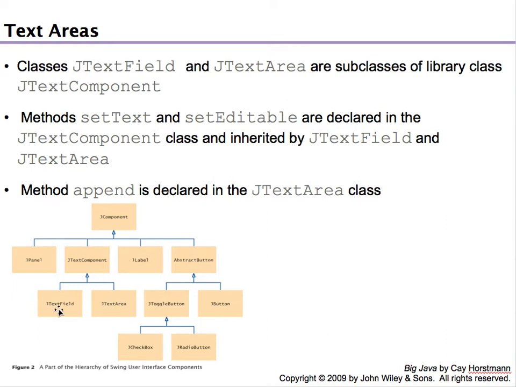The text area and the text field are both subclasses of the JTextComponent. So everything that the JTextComponent has, methods and properties, both of them have as well. The method append is declared only in the JTextArea because it makes no sense to have it in the JTextField.